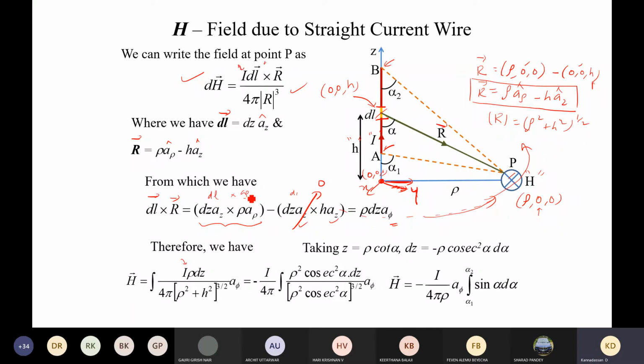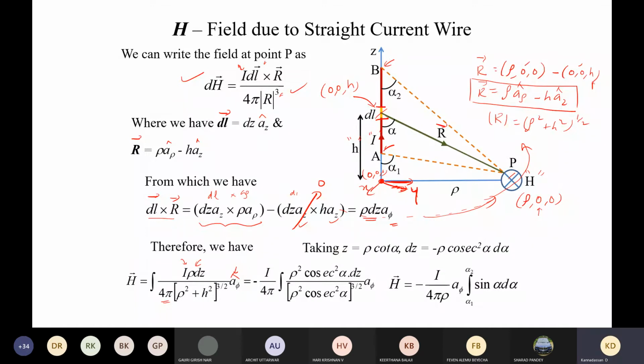The dl vector cross r vector will give rho dz, and a phi has come from here, over 4 pi, and rho square plus h square whole power 3 by 2, because we are having the cube. So I believe all of you are clear with that. Any doubt you have, you can ask at any time. There is no problem at all.